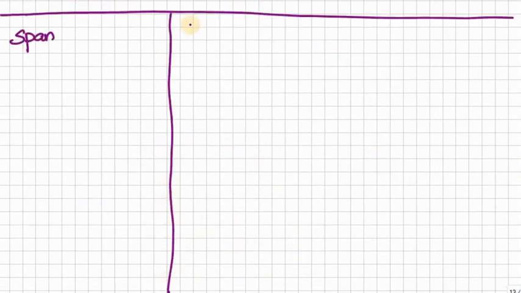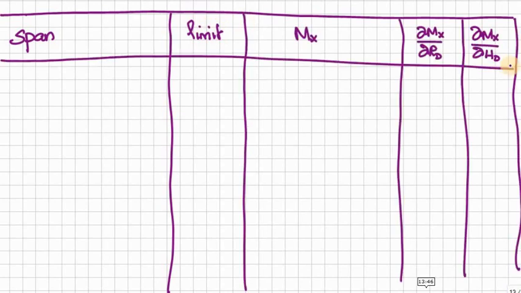For better clarification, we use the table form: span, limit, Mx, and we have two redundants. Therefore, we have to differentiate this Mx with respect to RD and HD.